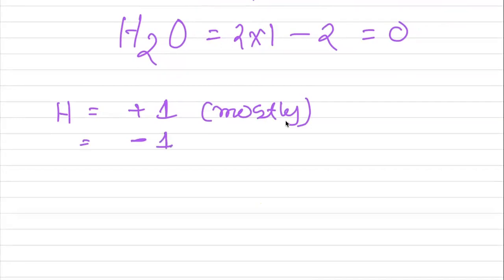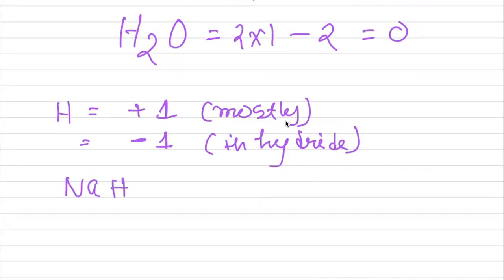It can have -1 oxidation state in hydrides, like sodium hydride, NaH. Sodium is an alkali metal, so it always has +1 oxidation state. So obviously, if sodium has +1, hydrogen will be -1, right?